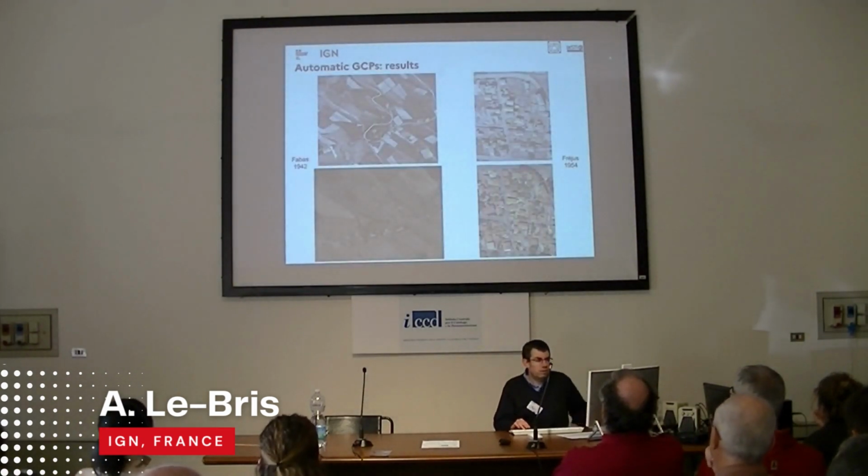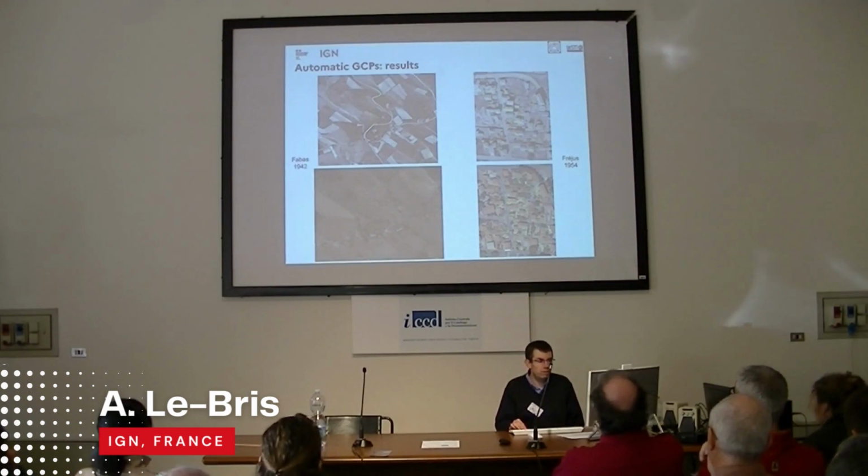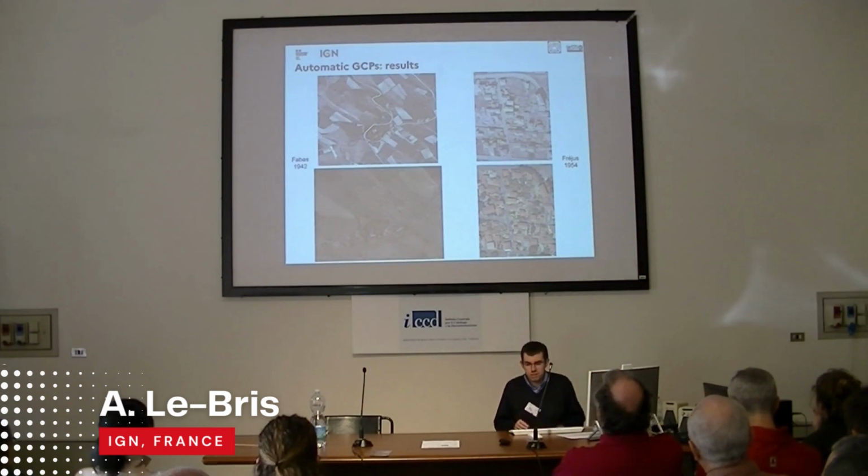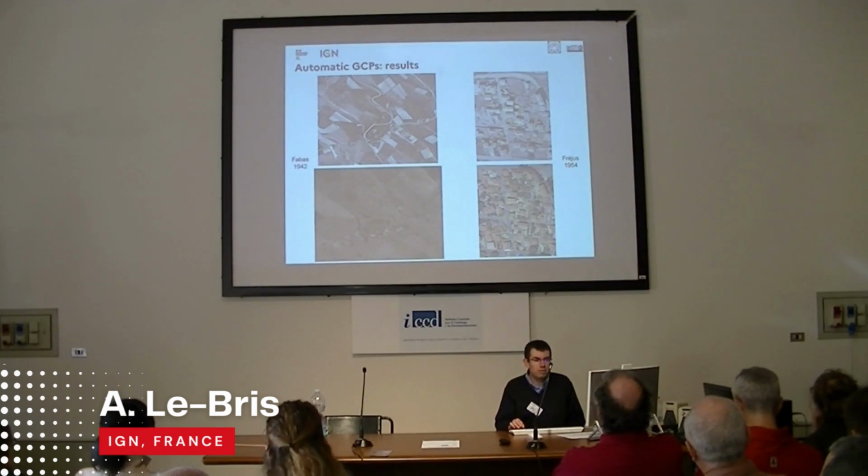Here are some examples of the automatic ground control points we extracted. As in the presentation of Swift Topo, we can say that our points are not very precise, but we have a huge number of ground control points, and it makes it possible to obtain in the end quite a good result.